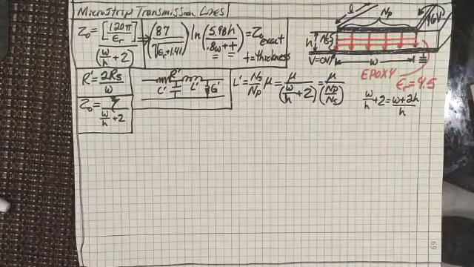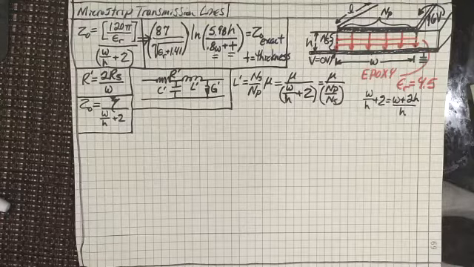Okay, so really what we're saying is we've got W plus 2, W plus 2H.